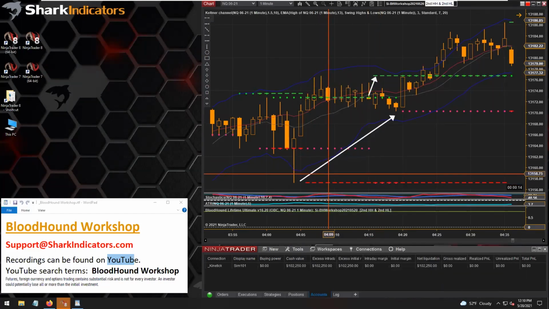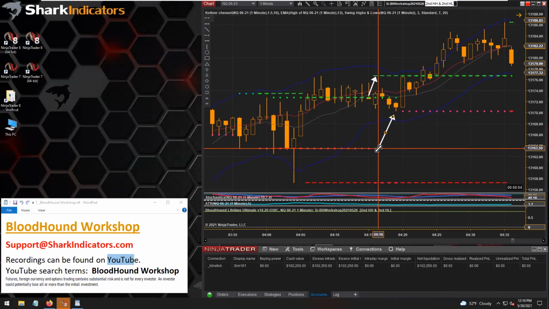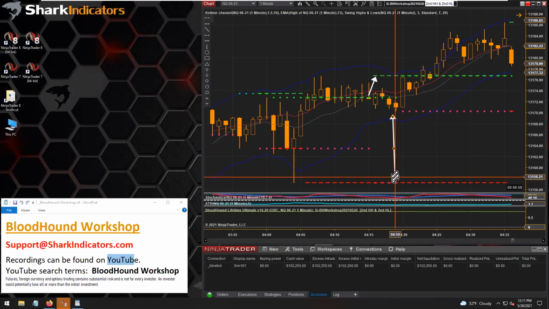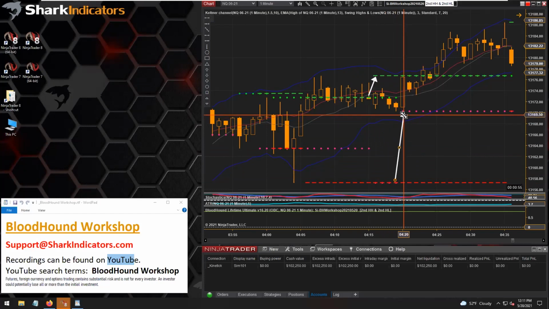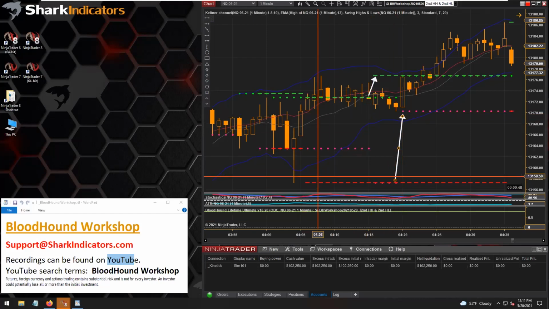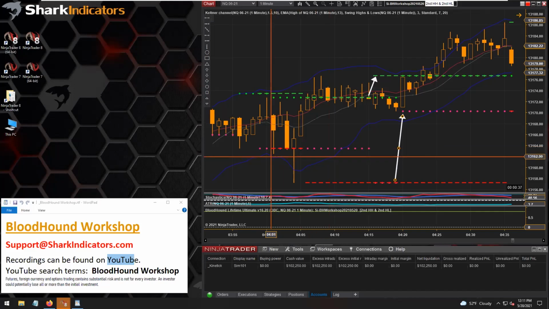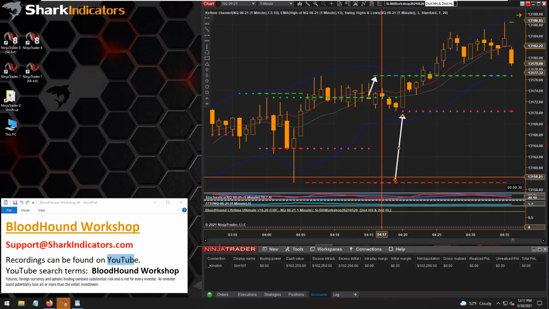And in the same regard, we are also looking for the dots to step up. The red dots here represent swing lows, and specifically the dots identify higher lows. So again, the hash line represents lower lows, and the dots represent higher lows.